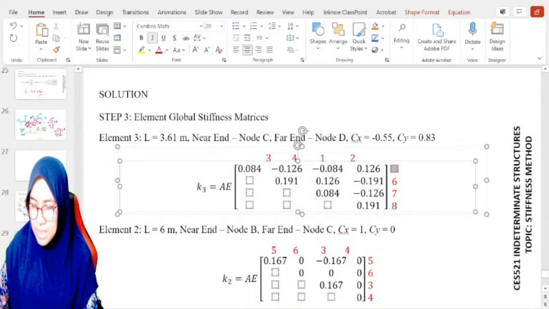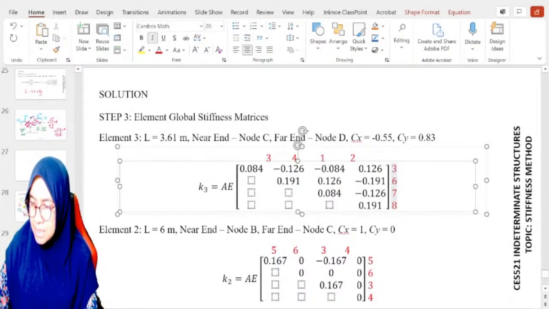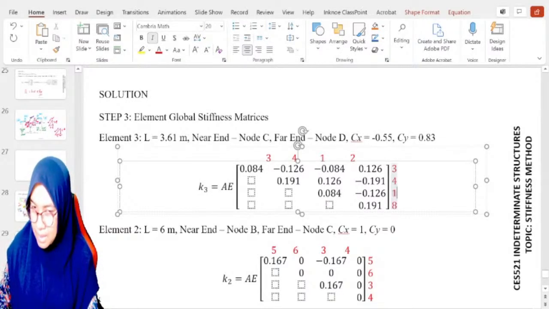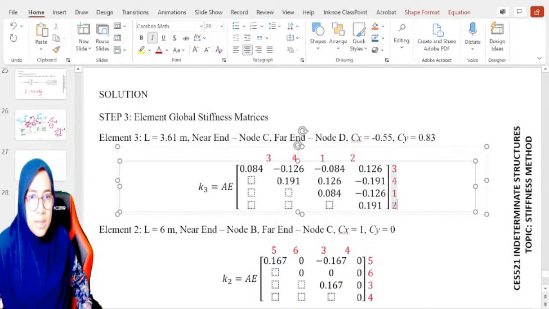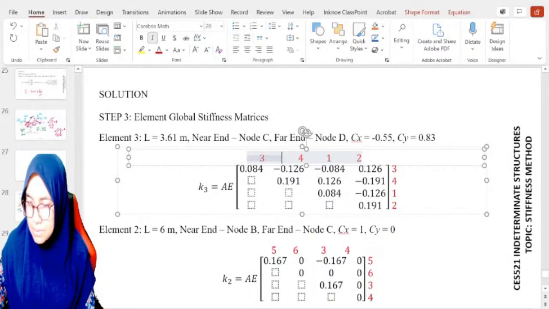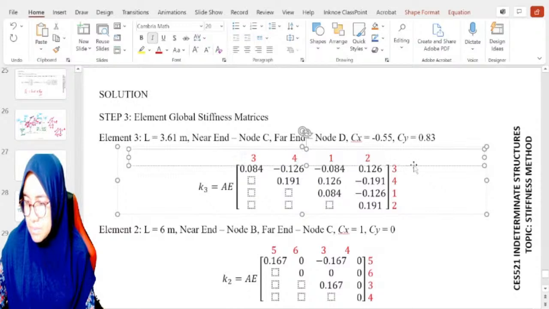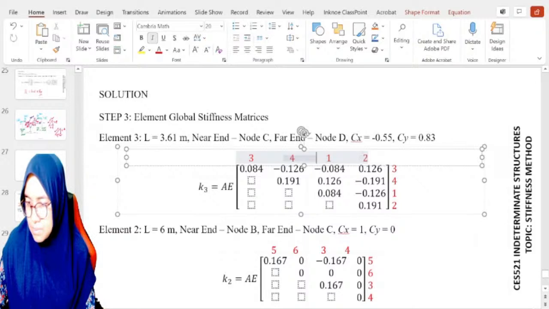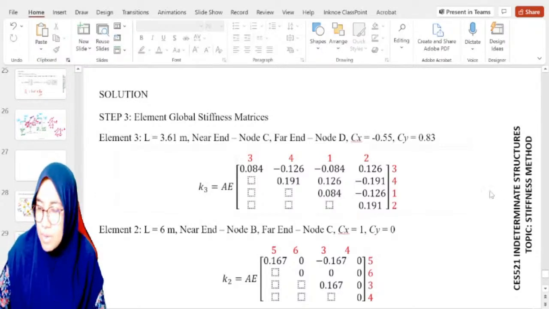So the most important thing that we need to do properly is the label 3, 4, 1 and 2. Okay, this is K3.